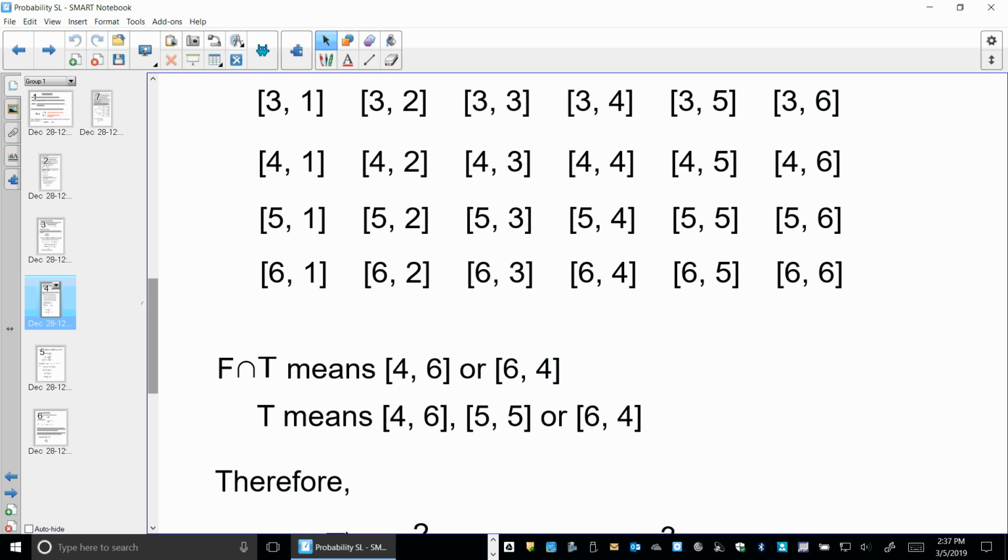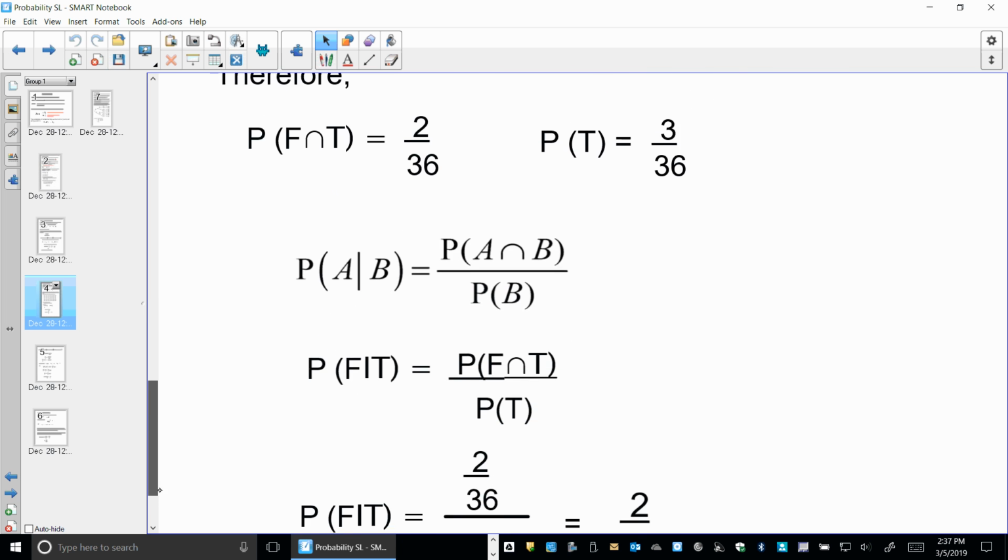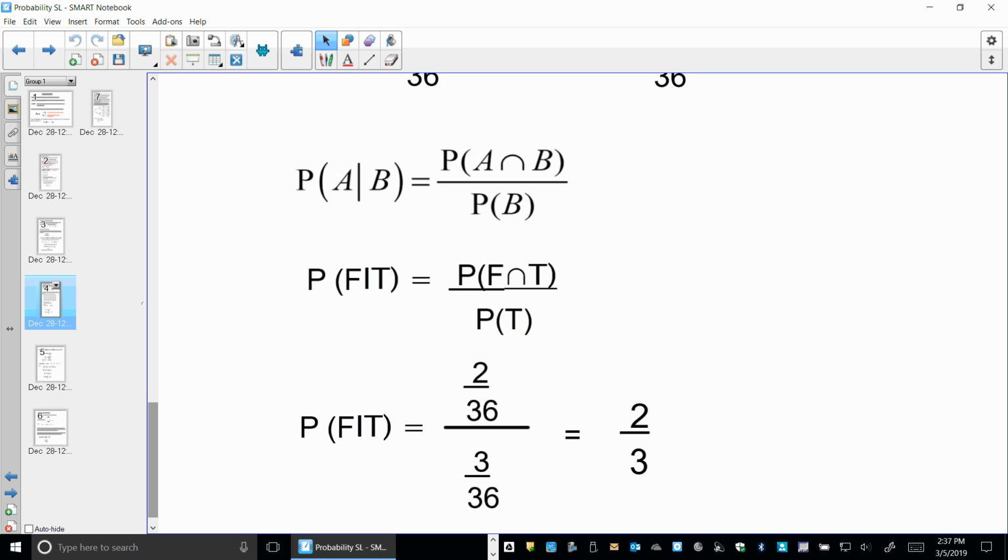So from this, realistically, we could just say that it's 2 out of 3. We know that's our answer, because 2 of those situations are what we want out of a possible 3. However, if we were talking about the probabilities, we could write them like this: 2 out of 36, or 3 out of 36.